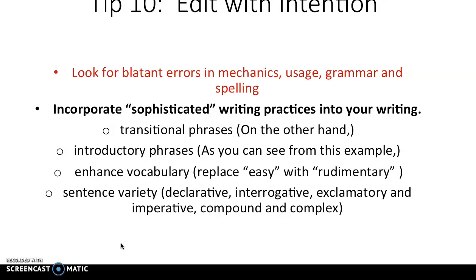Try to change some transitional phrases and put them in. Add introductory phrases. If you see vocabulary that's rather simple, you might want to enhance it with higher level vocabulary. And if you have any ability to combine sentences to make some serious, solid, compound, and complex sentences, maybe even ask a question here and there, go for it.